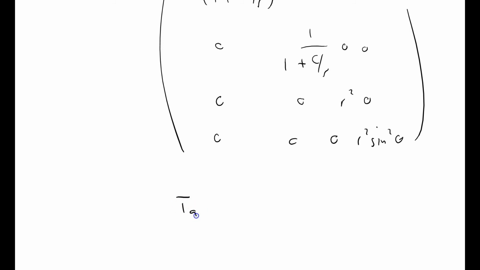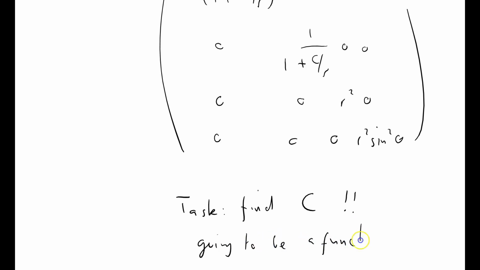So task: find capital C. What is that C? Well, it's going to be a function of mass. Everything here is driven by mass, and that sounds like quite a difficult thing to do.